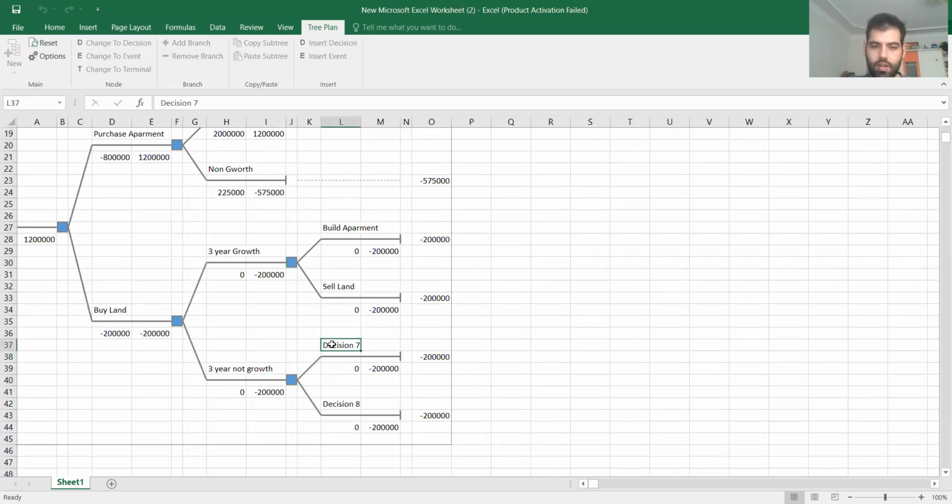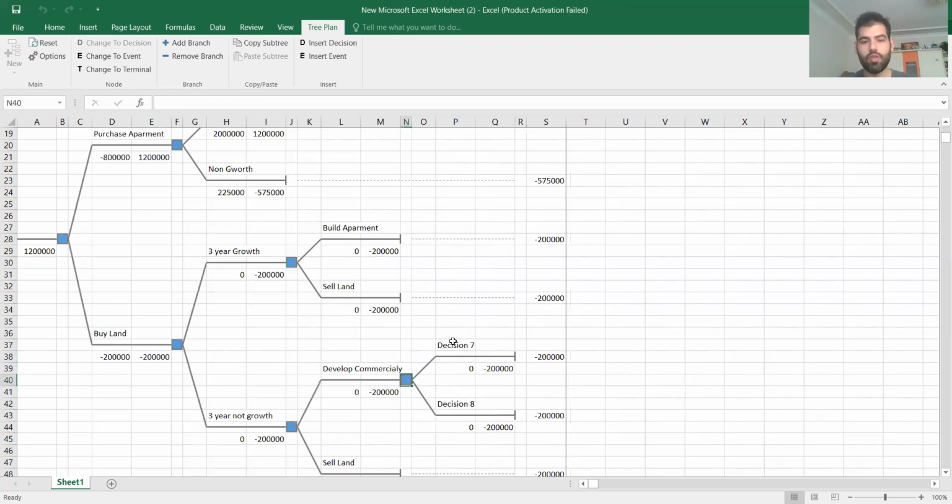The first is whether we develop it commercially to attract people to the area where our land is located, or we leave it, give up, and sell our land again. If we develop commercially, we still have two branches: we can do it if it grows or not. Growth or not growth.